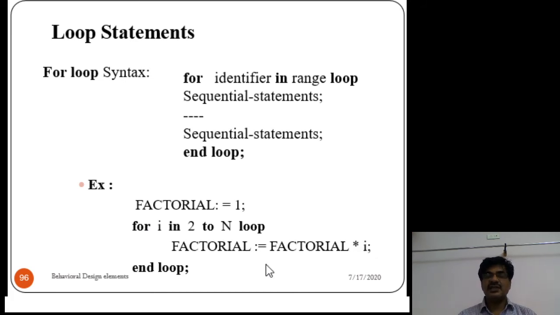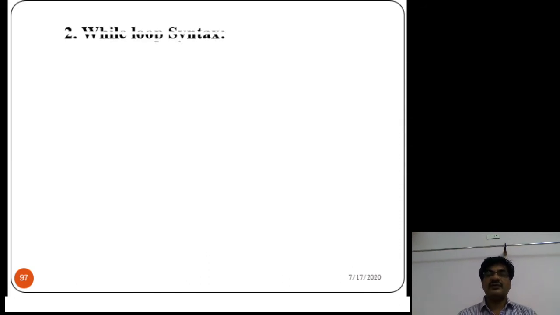After the first iteration, the factorial value is 2. After the second iteration, that is 2 * 3, it becomes 6. Like that, the for loop can be executed.